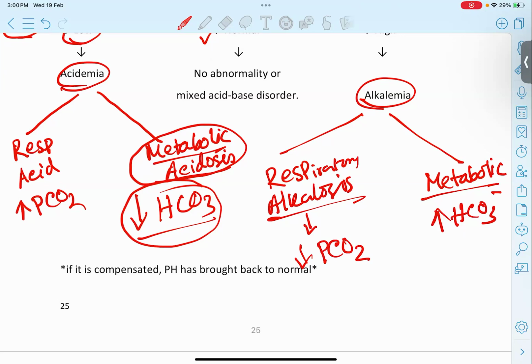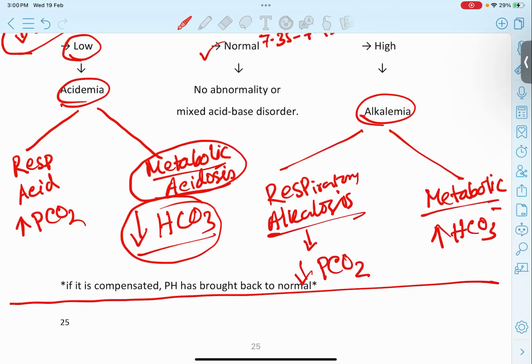So another thing we need to know. This is about basic metabolic acidosis, respiratory alkalosis, metabolic alkalosis. Now you need to know about the compensation. What does compensation mean? Compensation is done by the opposite. The compensation is done by the complete opposite term.